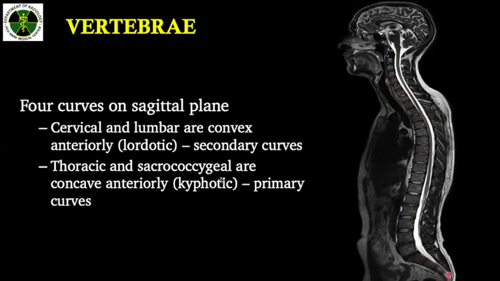So kyphosis, seen in thoracic and sacral or sacrococcygeal vertebrae, are the primary curvatures, while the secondary curvatures that are against the fetal position are the secondary curves. And again, these are the cervical and lumbar.